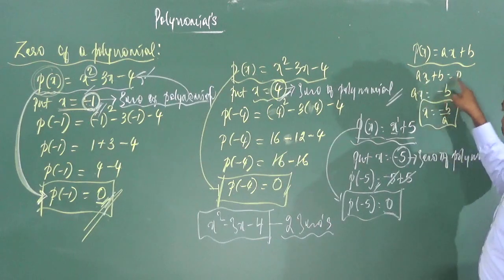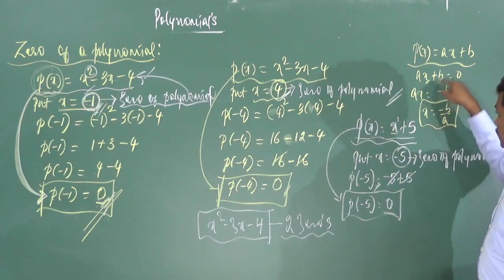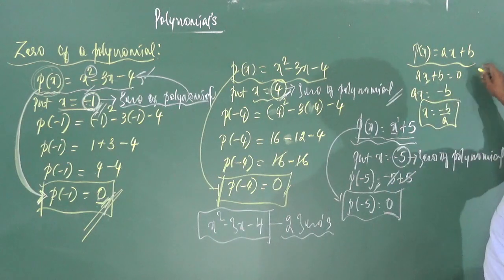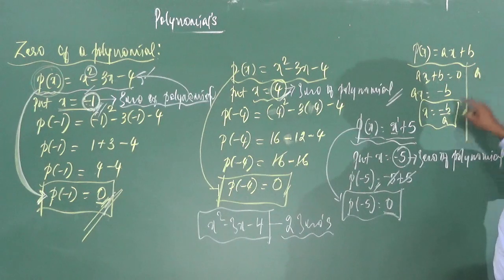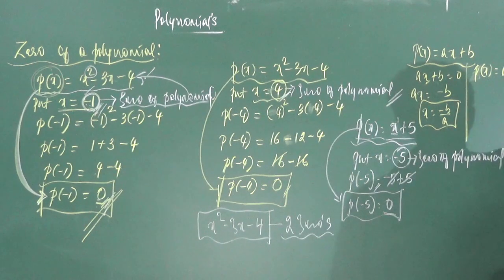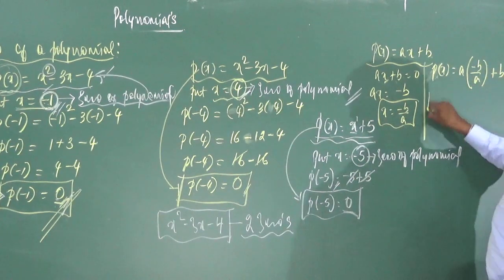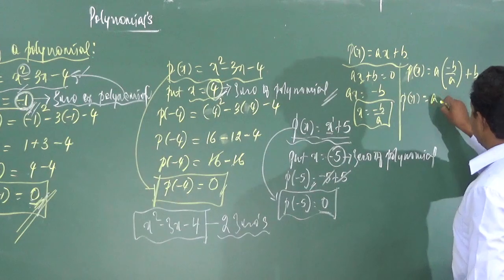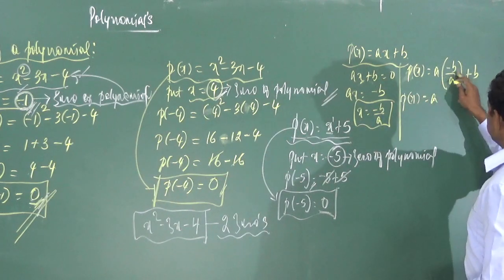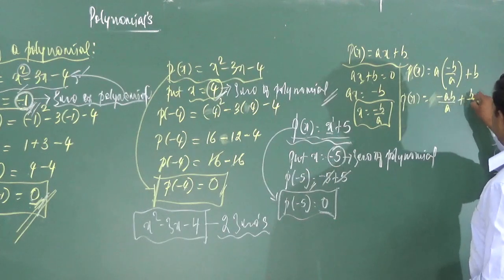For this polynomial, x is equal to minus b by a, if you substitute here, then you will get the 0 of that polynomial. Let us check it. So, x is minus b by a. So, p of x is equal to a into x value is minus b by a, plus you are left with b. So, p of x is equal to a into minus b is minus ab by a plus b by 1.